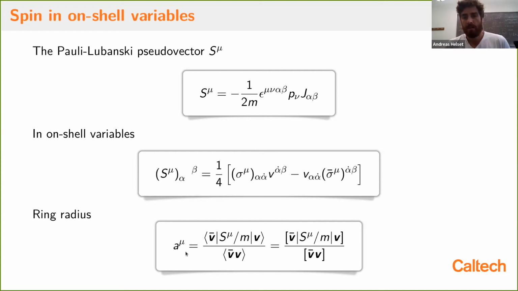And at the end of the day, it's only this a parameter that would be relevant for us in the calculations. All these definitions are souped up in this a vector here. And it doesn't care whether you use angle or square brackets, because they're equal in this combination.